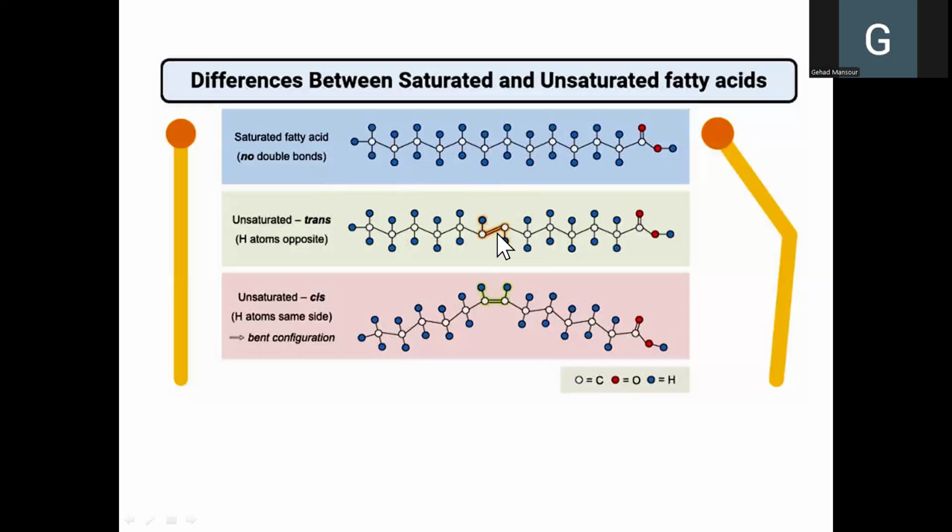But if we come here, for example, if you look at that double bond, there is a double bond here. Why? Because we have removed this hydrogen atom and that hydrogen atom by dehydrogenation.